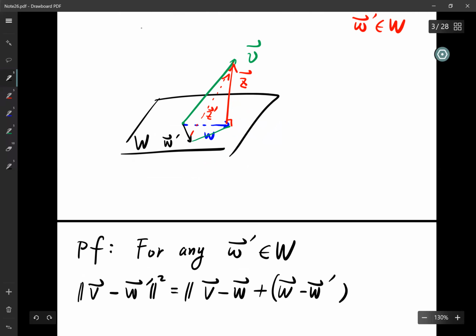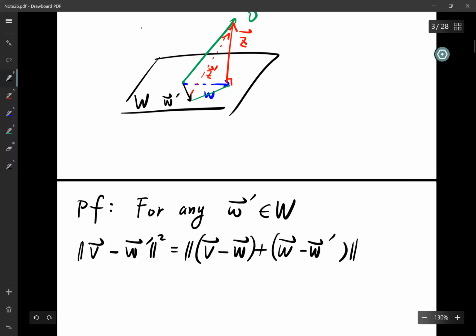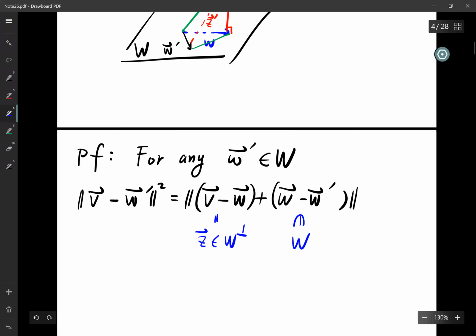I can put a parenthesis there, so this is literally an equality. Now V minus W is just Z, which lives in W perp. W minus W prime is a linear combination of vectors in W, and therefore this is in W.